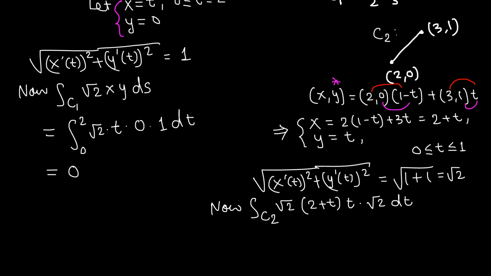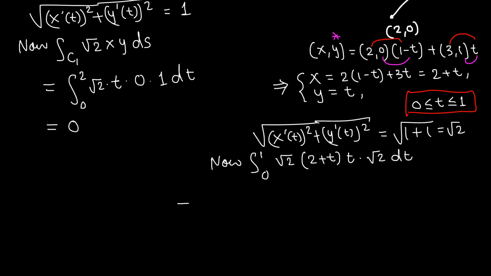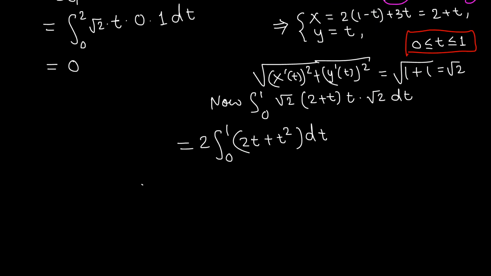Now for C2, I should have written the bounds for t. Look here, t is from 0 to 1, so this is 0 to 1, so pretty much Calculus 1. We can pull root 2 outside, and the integral from 0 to 1 of (2 plus t) times t, we can distribute, so 2t plus t squared dt. Let's use the power rule.